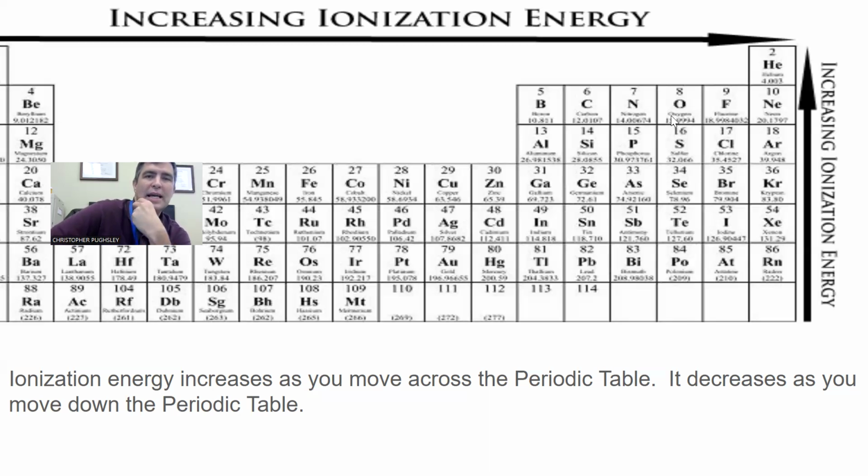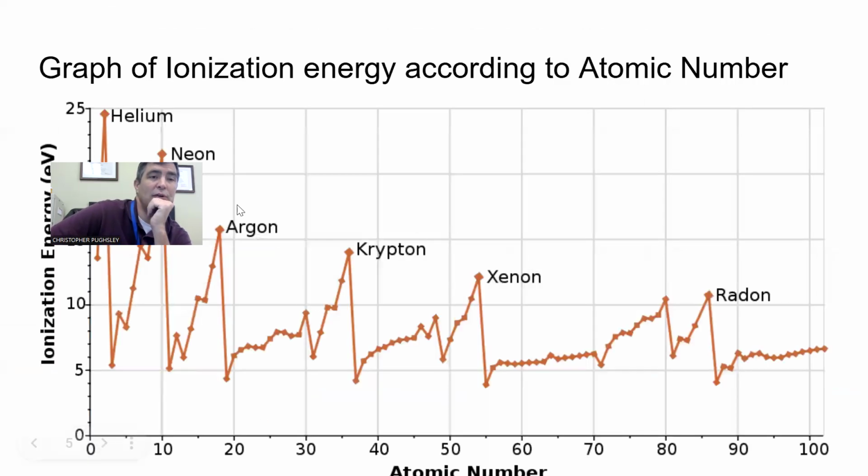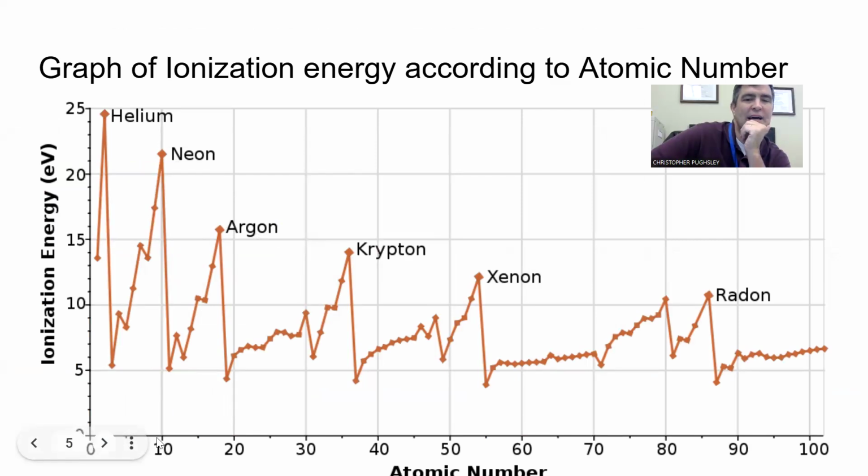And so again, this is the ionization energy, the energy needed to take away one electron, right? And so that's what it is right here. And if you look right here, this kind of makes sense. Look at the ionization energy as the atomic number goes up.